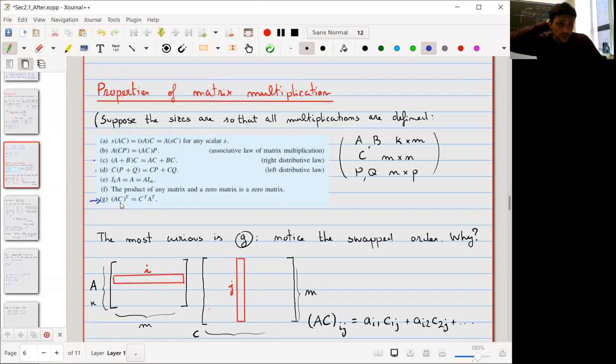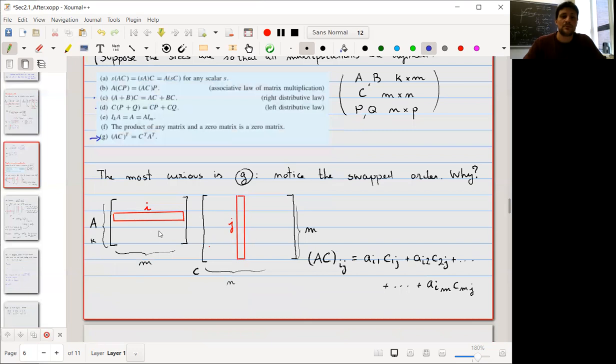The transpose of a product is the product of the transposes, but look at the order in which the product happens. We have (A times C) transpose is C transpose times A transpose. Let's try and make sense of why that is happening. There's an order reversing relation in here when we look at transposes.